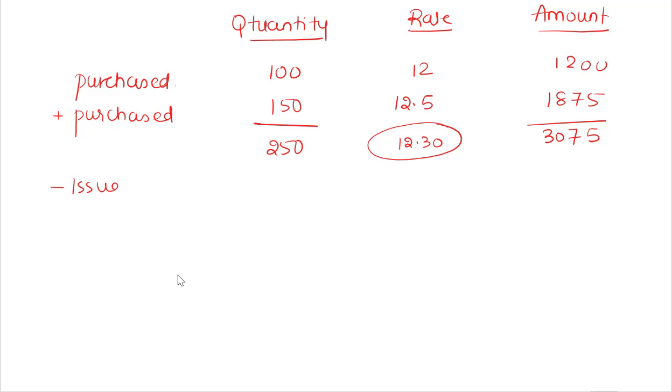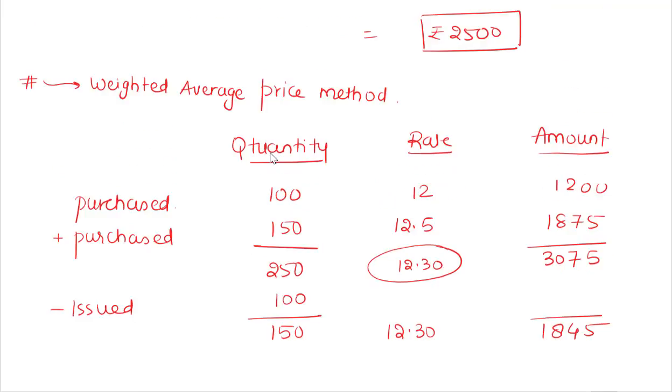From this we issued 100. 250 minus 100 is 150. This 150 is valued at 12.30. 150 multiplied by 12.30 equals 1845.